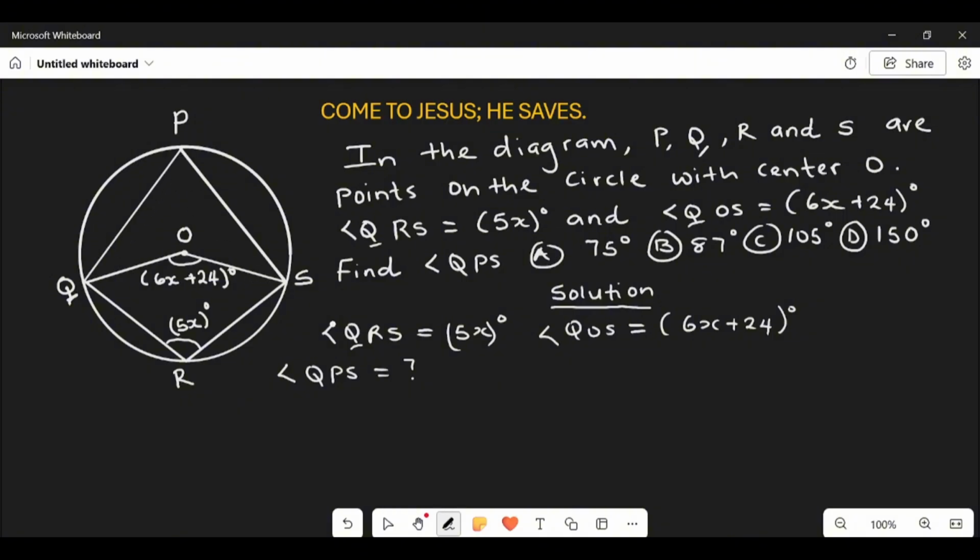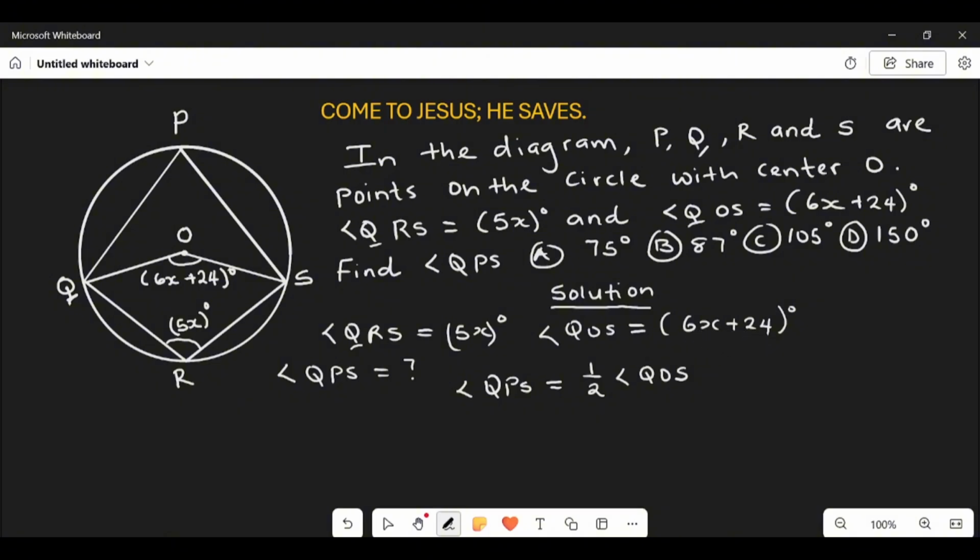Or in other words, we can say angle QPX equal to 1 over 2 multiplied by angle QOX. And our angle QOX is 6x plus 24 degrees.